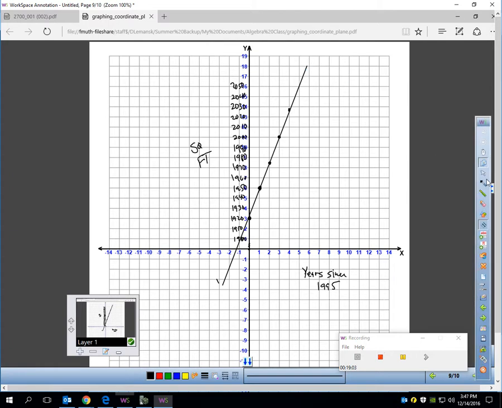Okay, now I have to write my equation. So let's pick 2 points on this line. It looks like my line is at 0, 1922 maybe, and this looks perfect, 3, 2000. Okay, so let me get my slope. It would be 2000 minus 1922 over 3 minus 0.